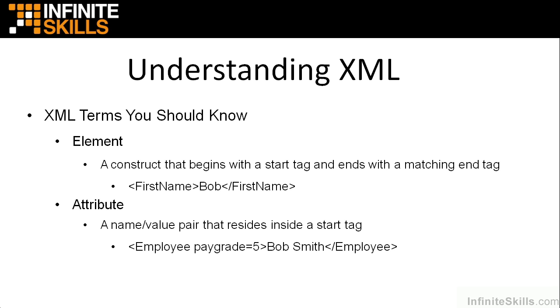And so we can use an attribute, and that is what pay grade 5 is right here. This is an attribute, and notice it is inside the opening or the start employee tag. And we still use the standard close tag, but this describes a property, if you will, of this particular data right here. And so that's called an attribute.